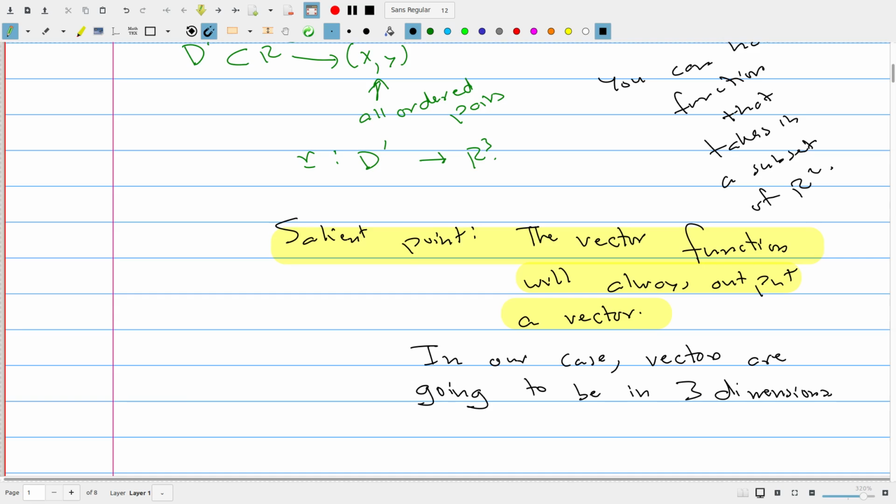So let's look at a few examples. Let's look at the component functions of a vector function.